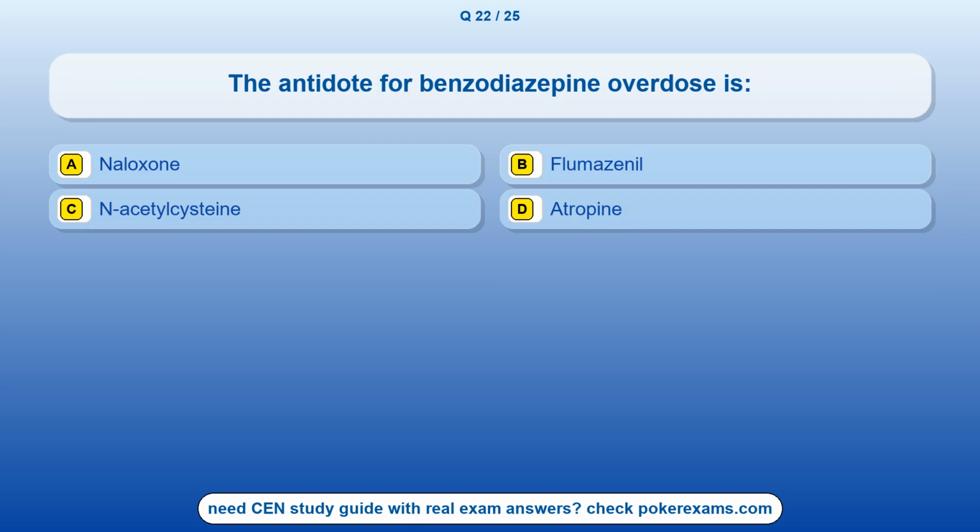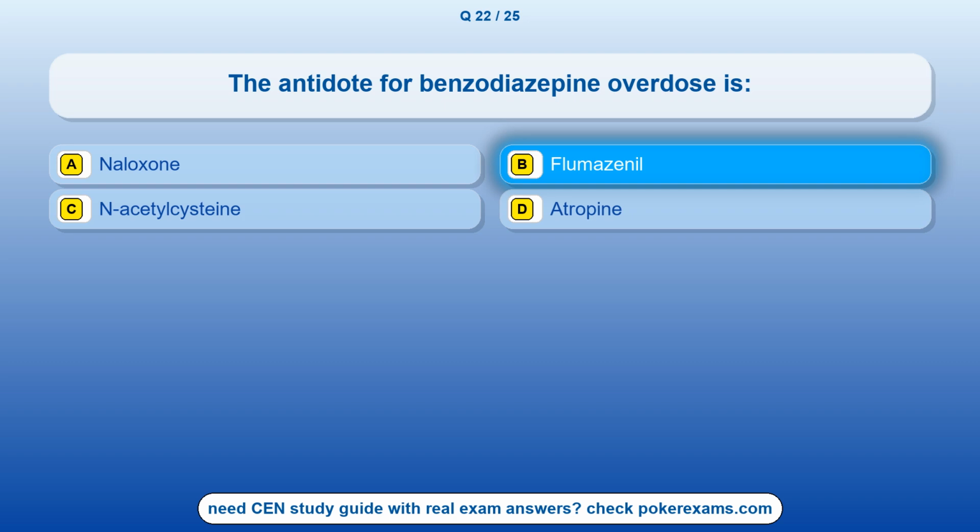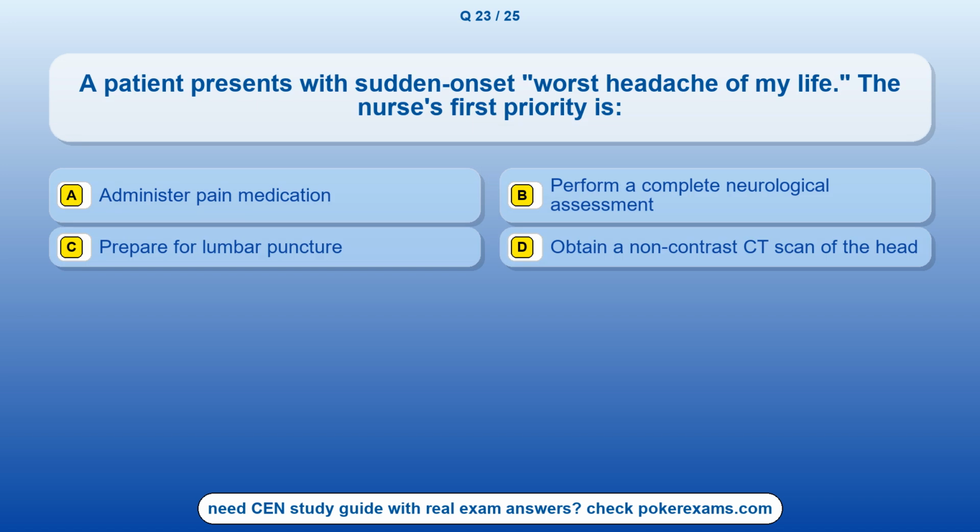Question 22. The antidote for benzodiazepine overdose is option A, naloxone, option B, flumazenil, option C, N-acetylcysteine, option D, atropine. The correct answer is option B, flumazenil. Question 23. A patient presents with sudden onset worst headache of my life.